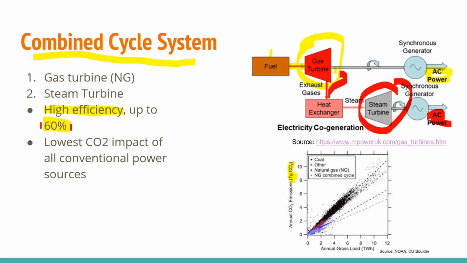So if we look into this plot, for example, we can see that coal power, because it's a single process, you can't burn the coal in a gas turbine, has a high carbon impact.